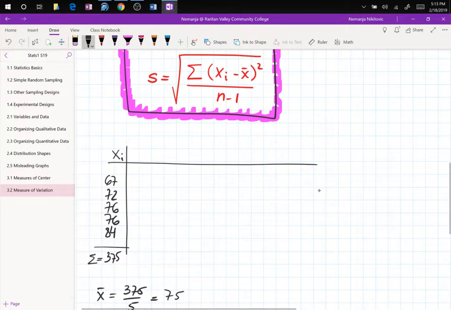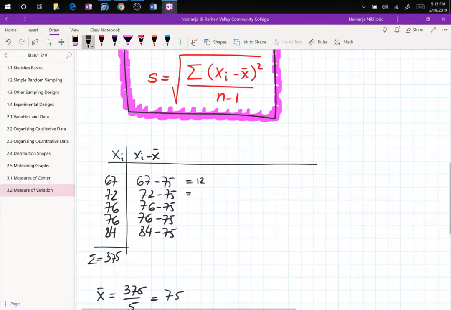Now, when you look at this, we have parentheses. So we have to work on xi minus x bar first. And that's simply 67 minus 75, 72 minus 75, 76 minus 75, another 76 minus 75, and finally 84 minus 75.